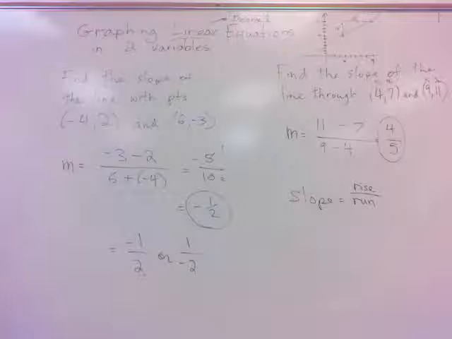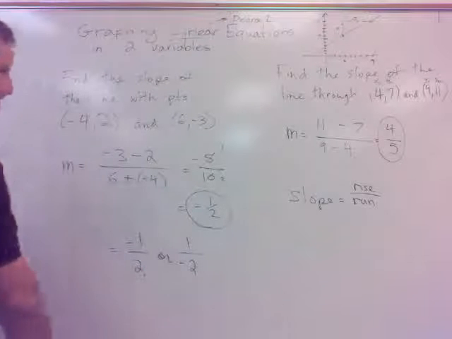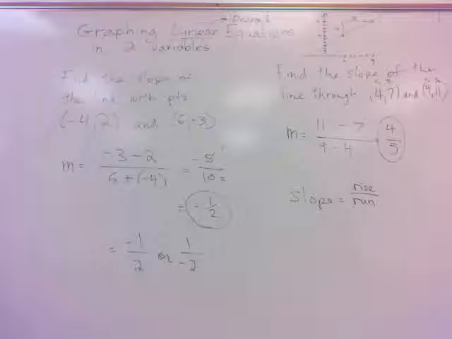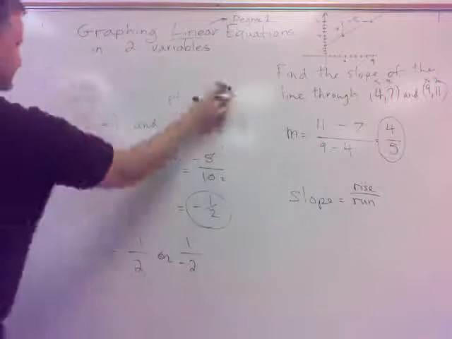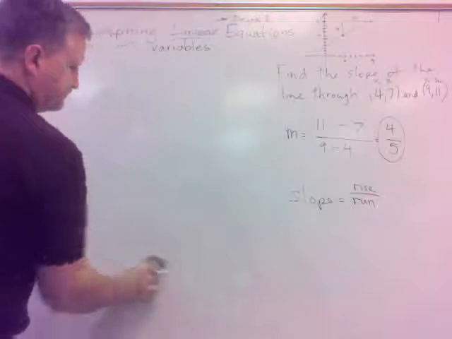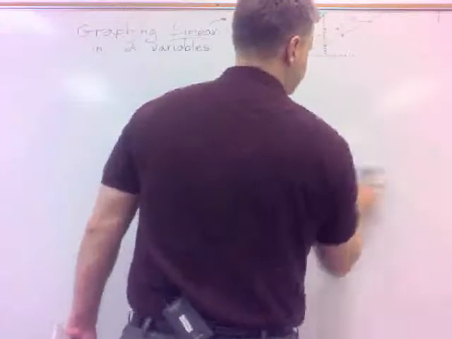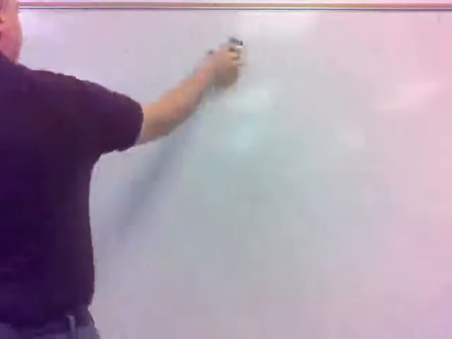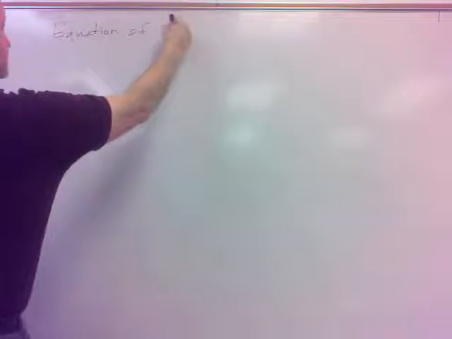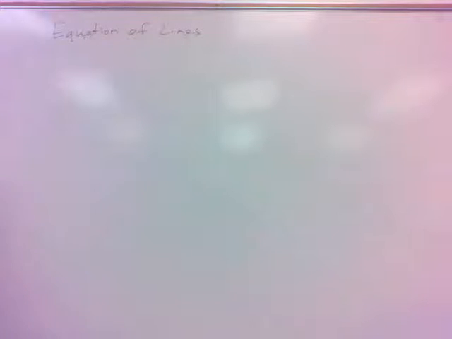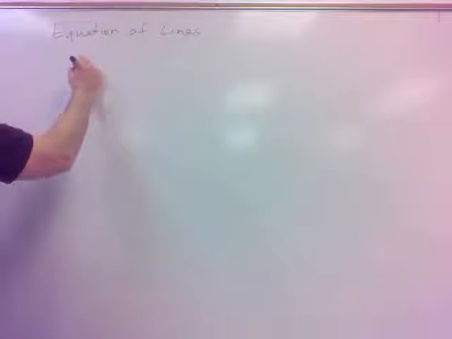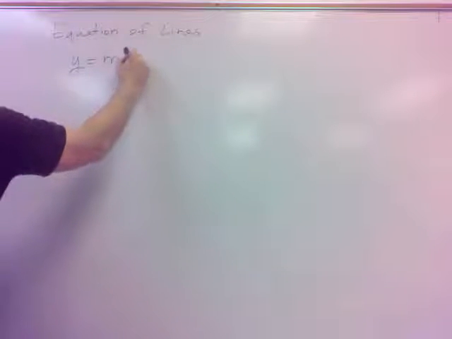All right. So all that being said, let's go back to the equations of lines. Pretty much the most famous equation of a line is the so-called y equals mx plus b.